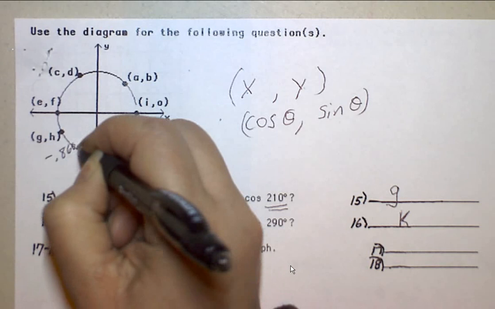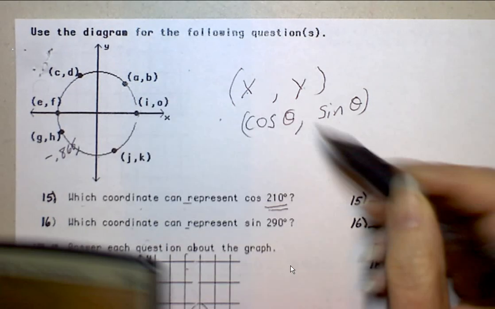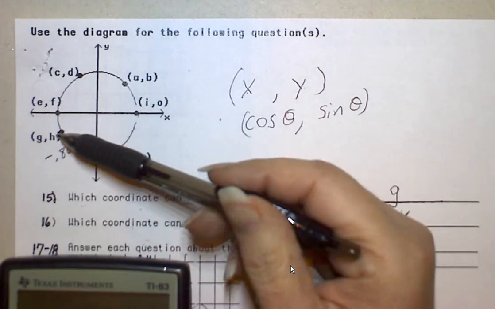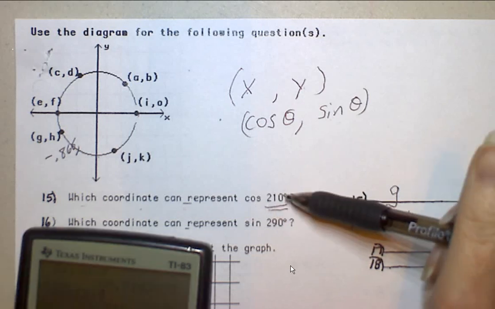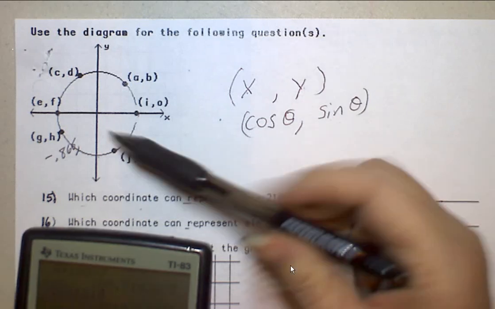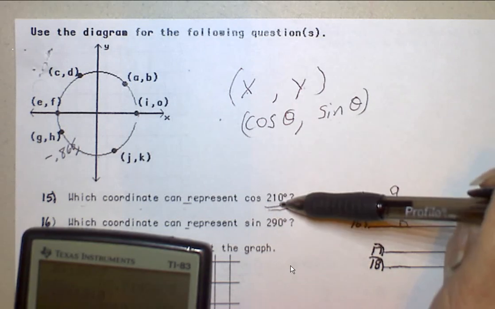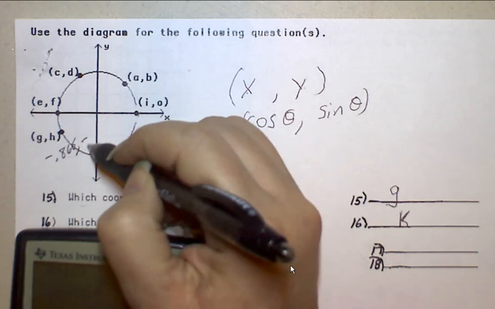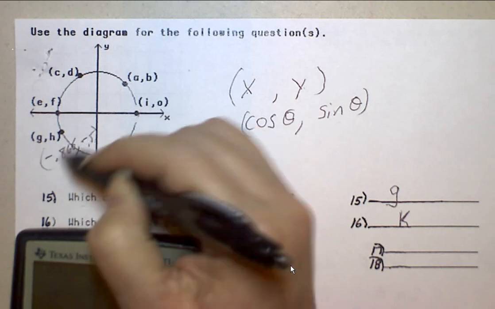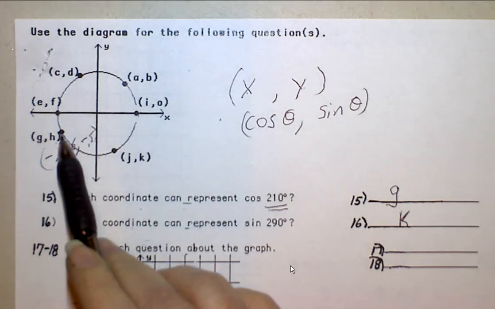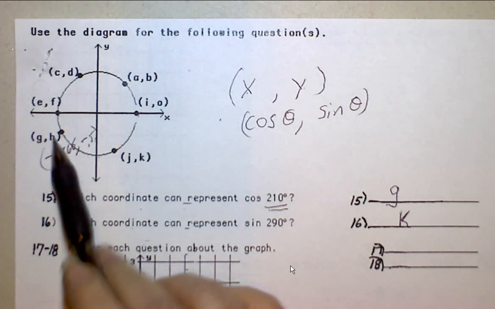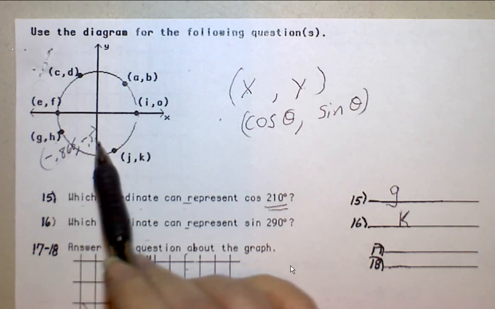And might as well find my y value, which would be the sine of 210, which is negative 0.5. That's how you'd find the coordinates of that point. So negative 0.866 and negative 0.5.